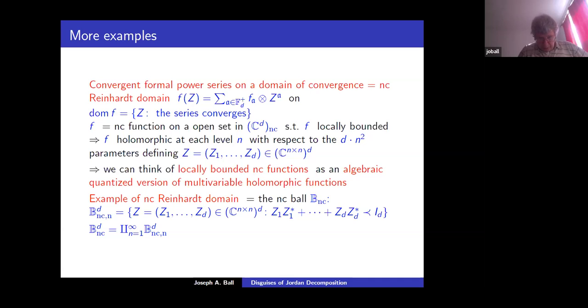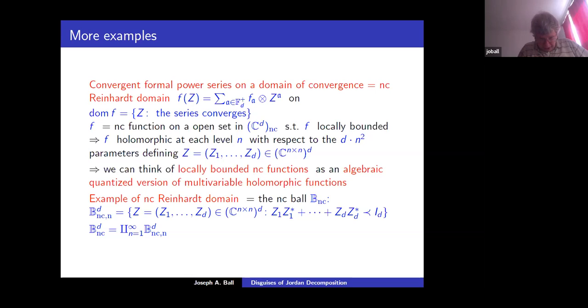And there's a theorem: if F is locally bounded, then in fact F is holomorphic. You can view F as a function of the matrix coordinates of Z, and you'll have a holomorphic function. So a locally bounded non-commutative function is an algebraic quantized version of a multivariable holomorphic function.